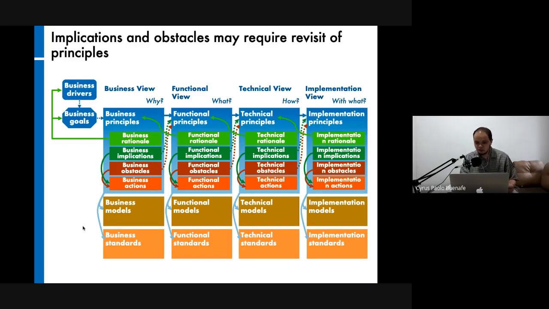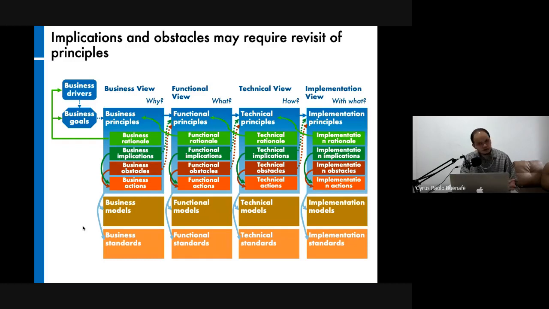That's how principles work. And if you can see all these arrows linking to one another, you can see that the implications and obstacles on the previous view actually help give material or give shape to the later principles, right? Whereas the rationale of the principles would be based on the previous view's principles.